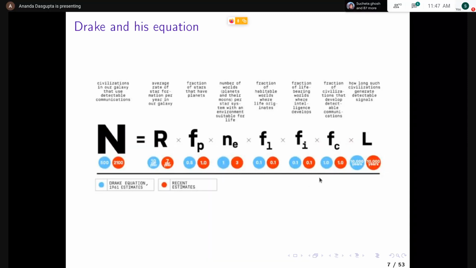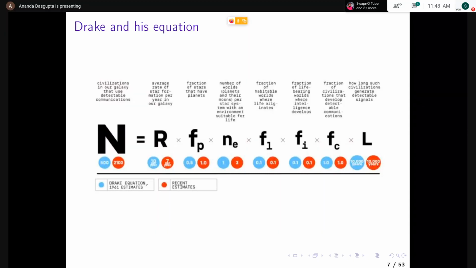And I'm not going to go into the full length description of this. Anybody interested can look up Drake's equation on the net. It's very well documented. The only point I want to make is there are various factors which go into this equation which you multiply. For example, the average rate of star formation per year in our galaxy, then what is the fraction of stars which have planets, and so on.